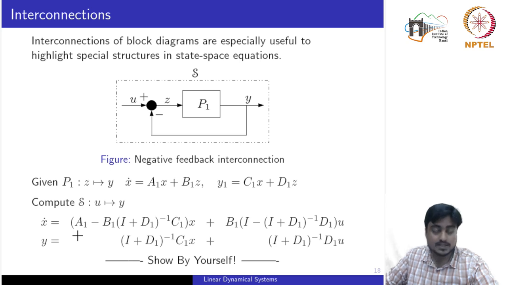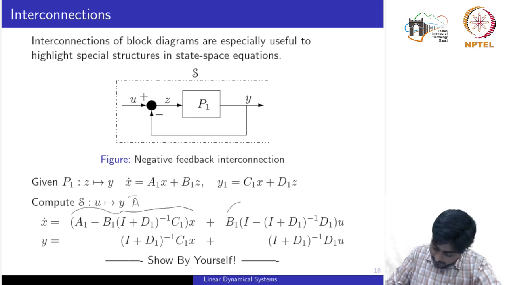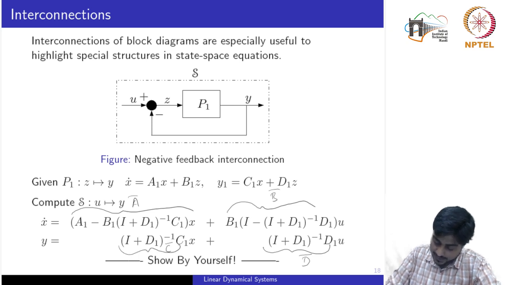Now we won't be discussing in detail how we have obtained these. So you could define that this is A bar, this is B bar, let's say D bar, and C bar. So this you can write in a compact way as x dot is equal to A bar x plus B bar u, and y is equal to C bar x plus D bar u.